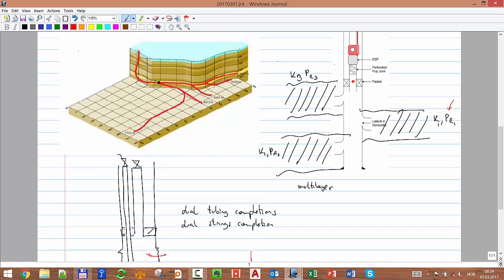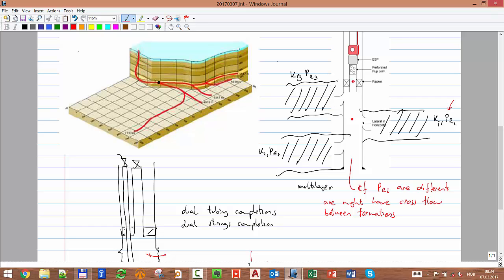Also, something else that we have to account for here is that when we close the well, okay, if the pressures are different, you are going to have cross flow. So let's say if the reservoir pressures are different, one might have cross flow between formations.